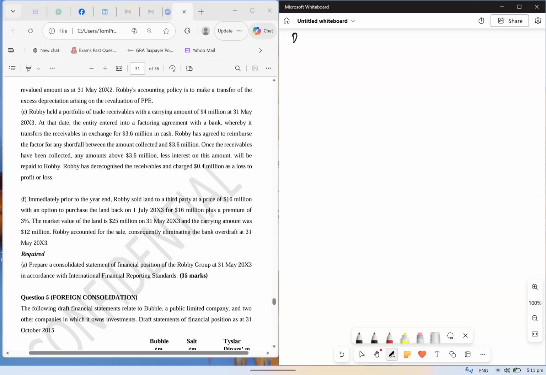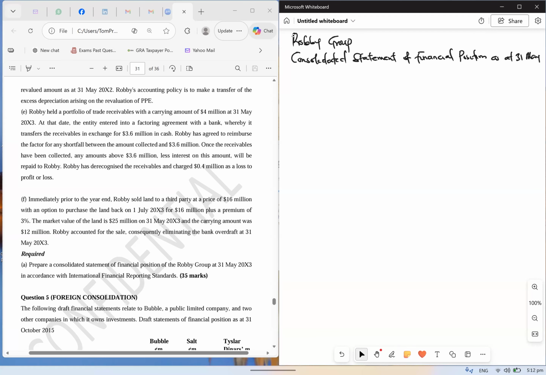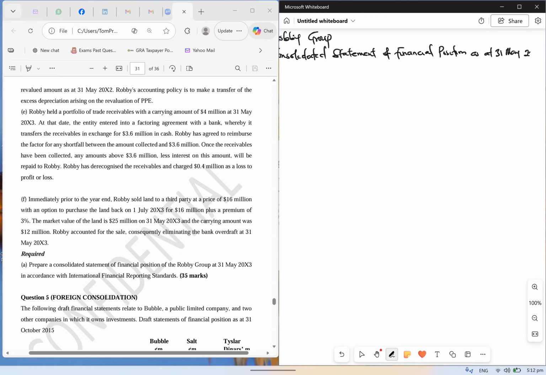So you say Robbie Group, Consolidated Statement of Financial Position as at 31 May 20X3.